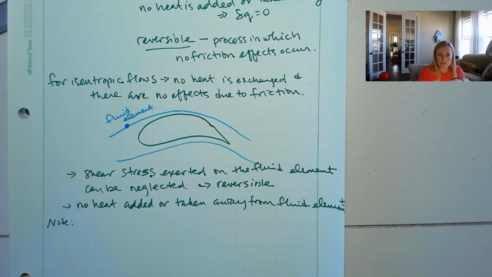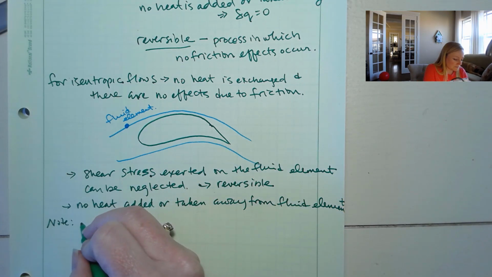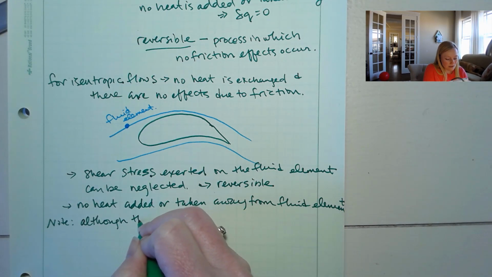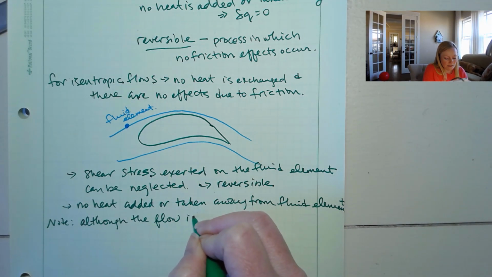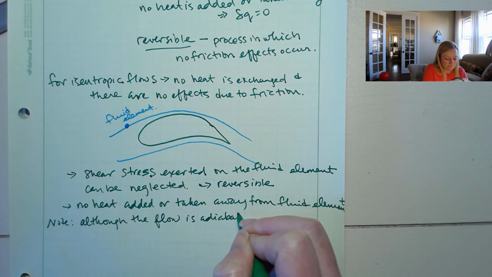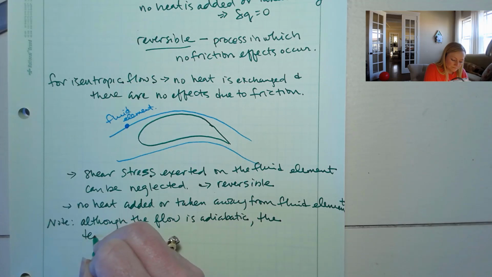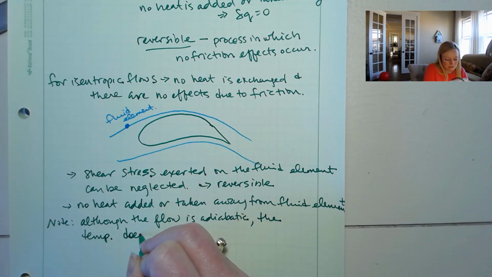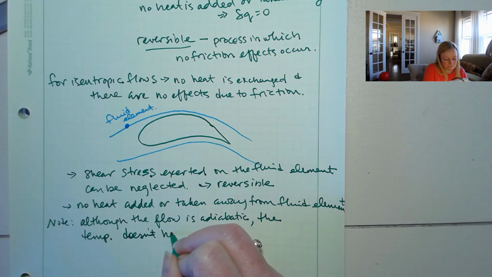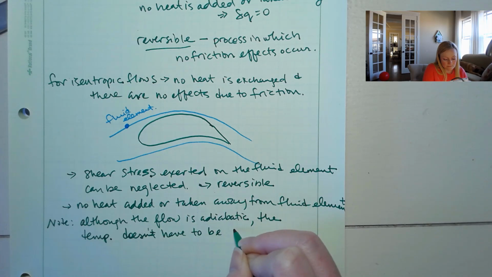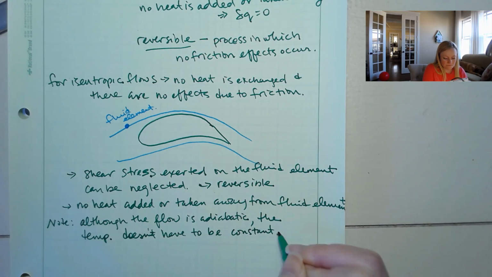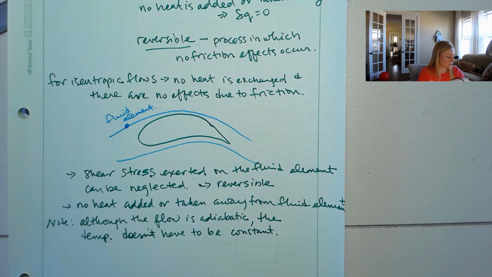Okay. Now again, let's make a note here. Remember what I said, just because the process is adiabatic doesn't mean the temperature is constant. Okay, so let's write, although the flow is adiabatic, the temperature doesn't have to be constant. Okay, so just make sure you understand that distinction.